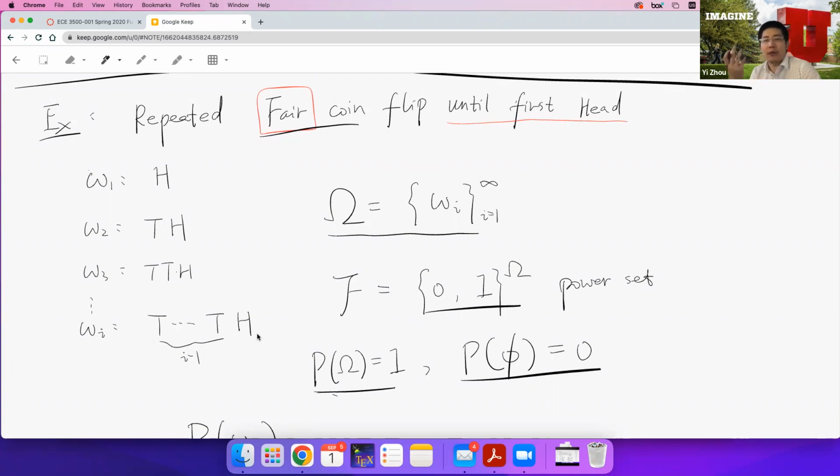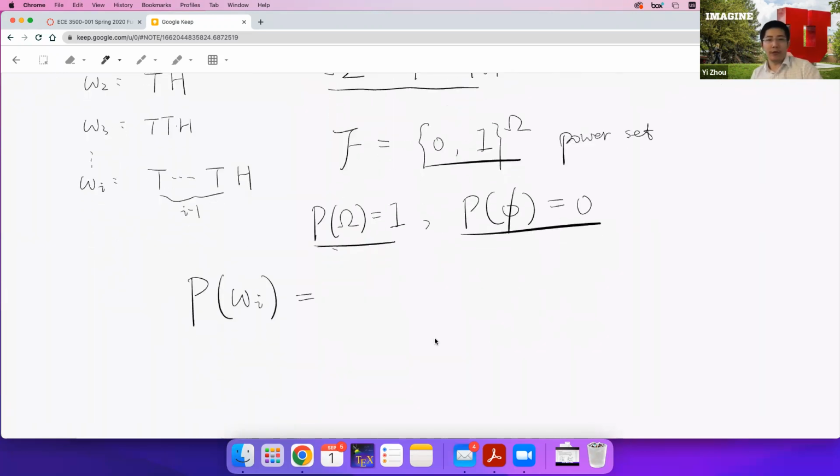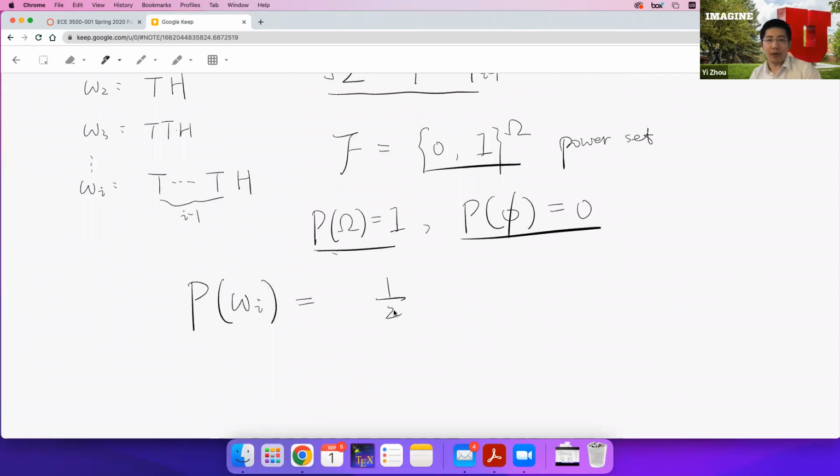For every single coin flip, you have 1/2 probability to get a head and 1/2 to get a tail. So you said 1/2 to the power of I-1, right? What is the justification for that?